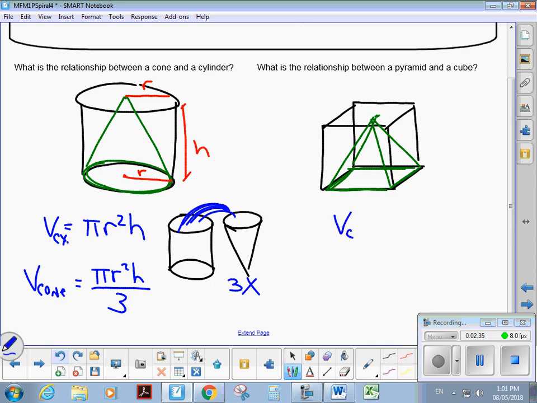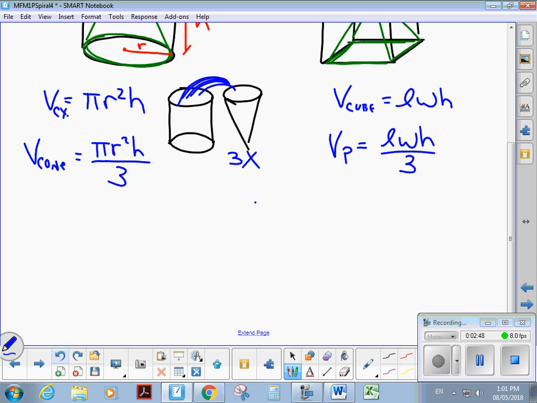So the volume of the cube is length, width, and height. The volume of that pyramid is length, width, and height divided by 3. And then if I extend that formula a little bit, well, the base is the same. So it'd be length times length, or base squared. So I think that is the formula that they use on the formula sheet.